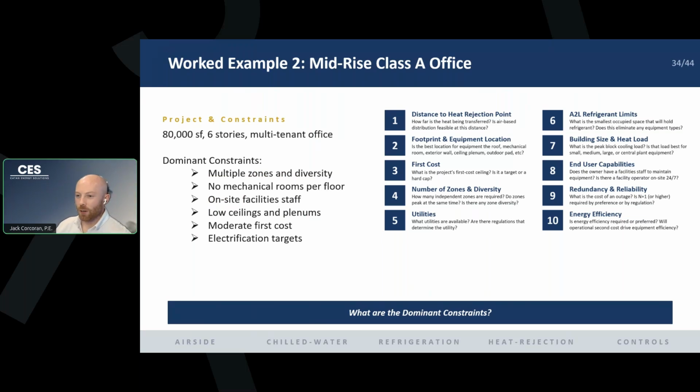This owner wants a moderate first cost. They understand this is going to be costly, but they want electrification targets and energy efficient equipment. They want this to run smoothly after it's installed, with low operational cost on utilities. So for our project, these are our constraints. How do we pick a piece of equipment?